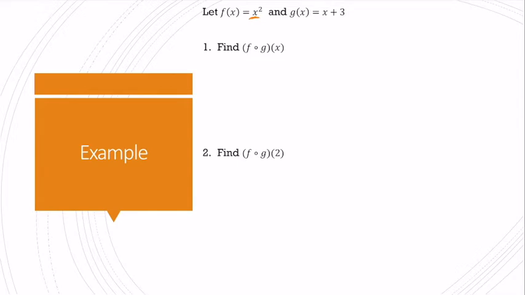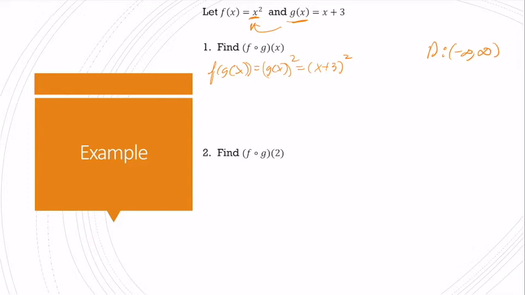So if I'm going to take f composed with g of x, that's f of g of x, which would be f of x except with g of x substituted in. So I'm going to have g of x squared. That's x plus 3 squared. And remember, if I'm squaring a binomial, I need to FOIL this out. So I really have x plus 3 times x plus 3.